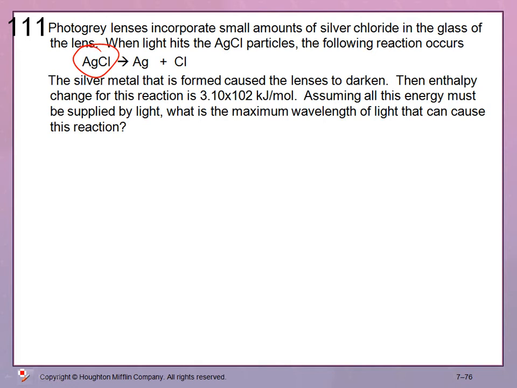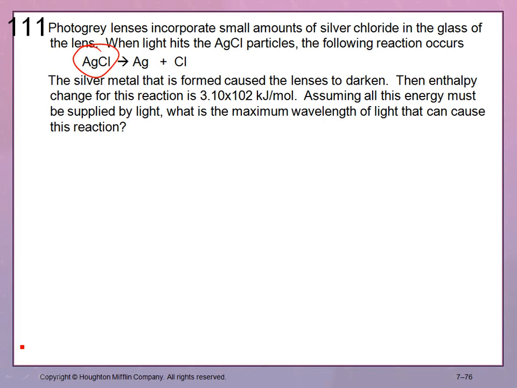light. And it turns the silver chloride, or basically the silver +1 ion, into a silver atom. And that takes an input of energy to do that. So the silver metal is formed, and it causes the lens to darken.